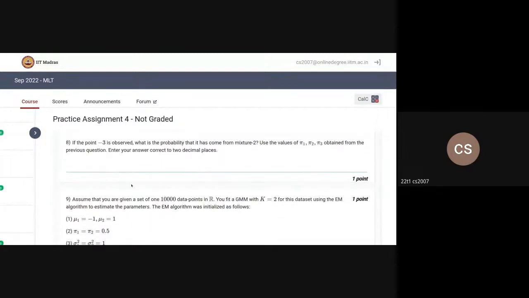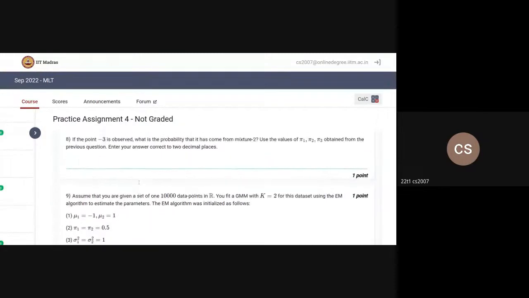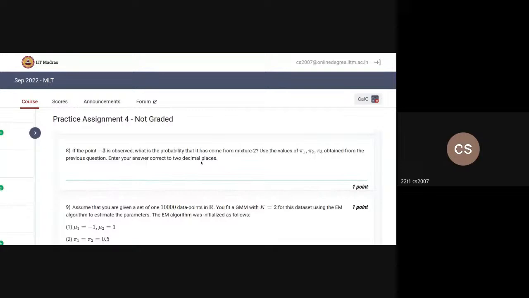What about question 8? How do you find if it came from a particular mixture? How do you compute that probability? So what quantity does it correspond to from what we just saw? Is it mu1, mu2, mu3? Are we asking that, or are we asking something else?